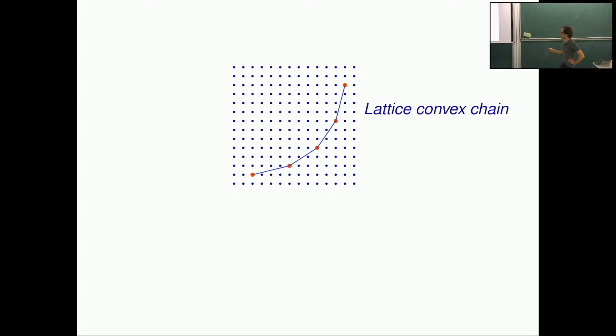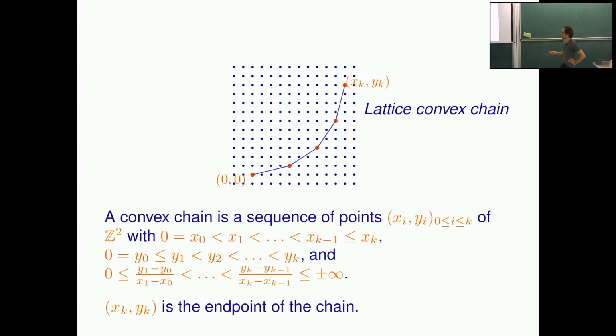So it's enough to bound the number of lattice convex chains that connect 2 points, say (0,0) and (x,y). And what's a lattice convex chain? Well, we say that the slope is increasing monotonically along segments and is connecting integral points.